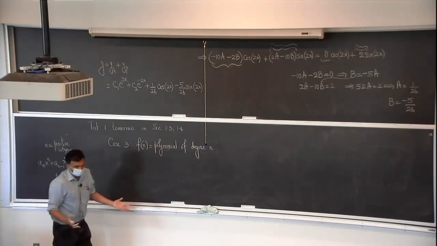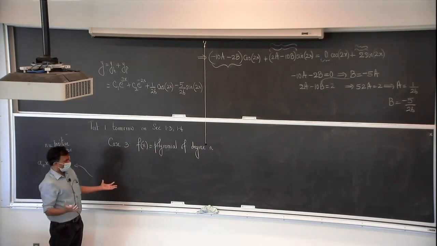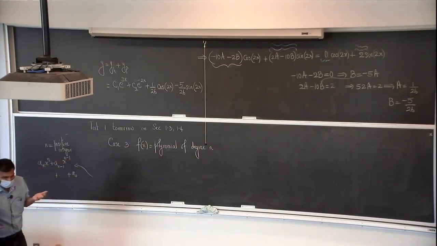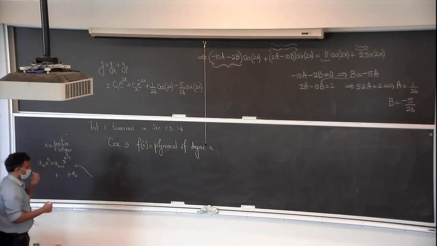Well, theoretically, it could be a polynomial of degree n. When you actually do it, it could be a polynomial of degree 2 or 3 or 1. Usually not more than 3.